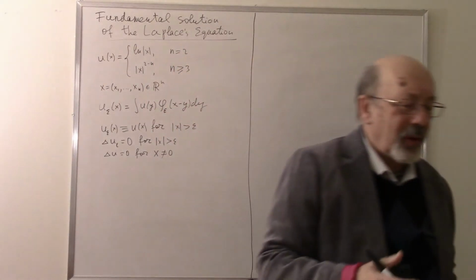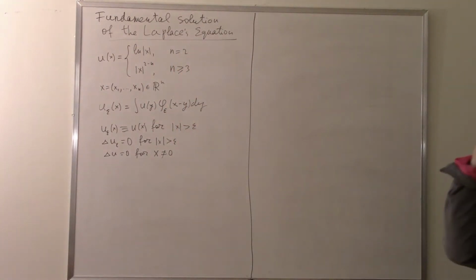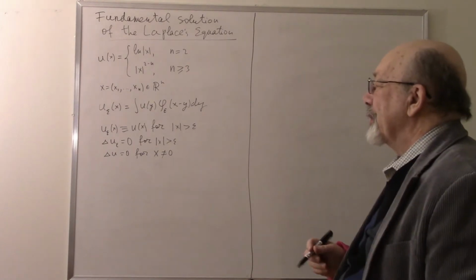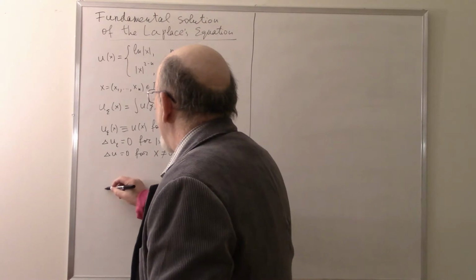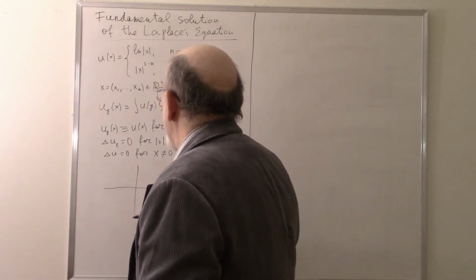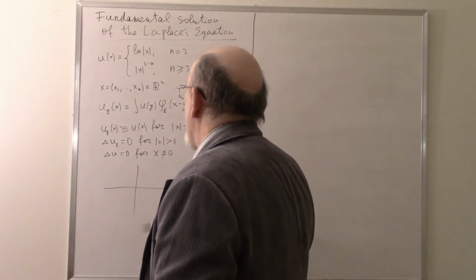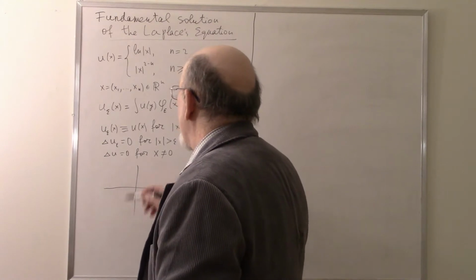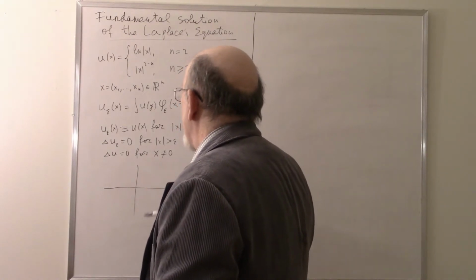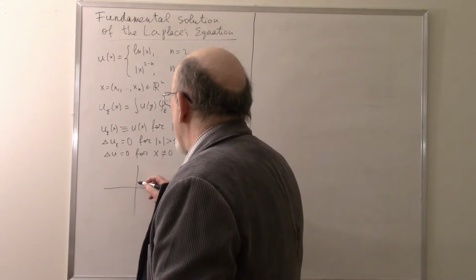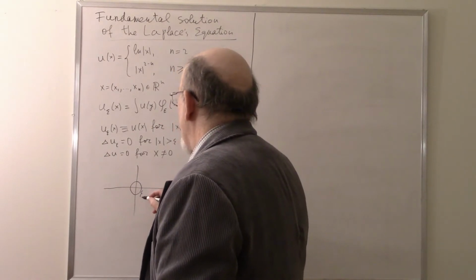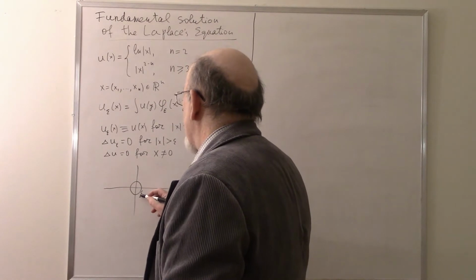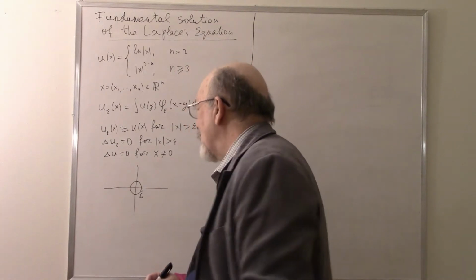Outside of the origin, the function u is a harmonic function, and the function u epsilon is harmonic outside the epsilon neighborhood. So this is this epsilon neighborhood, a ball of radius epsilon around 0.